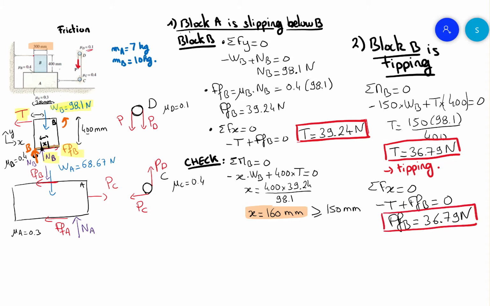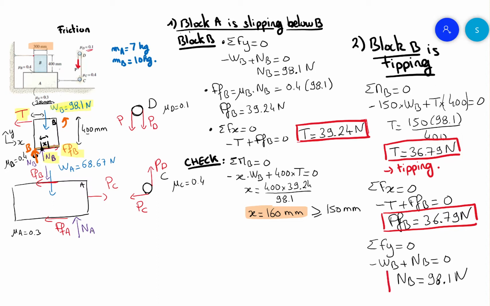We also need NB, because we will need to put NB on the block A after that. For the block B, sum of the forces on Y is equal to 0. We have minus WB plus NB equal to 0. So NB is equal to WB, 98.1 Newton.